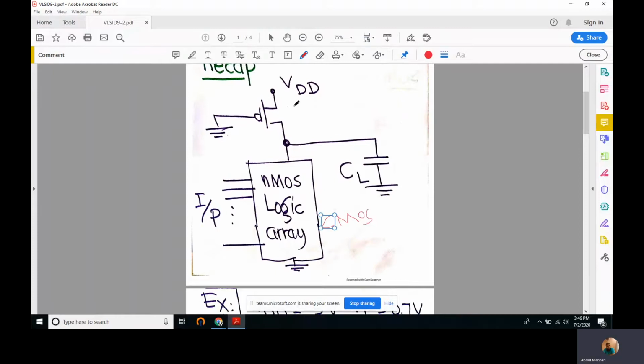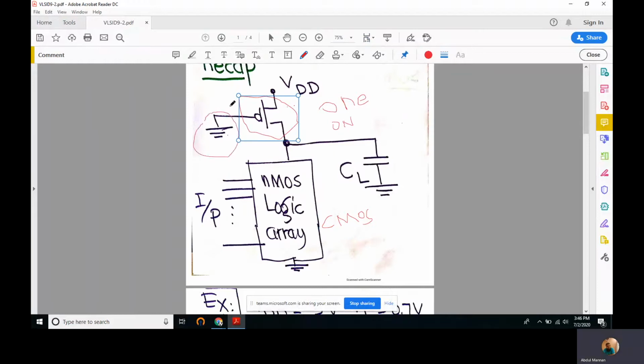But the PMOS array is a bit different. It consists of only one transistor, and this one transistor is always on. It's never off. Why is it always on? Because the gate is connected to ground.